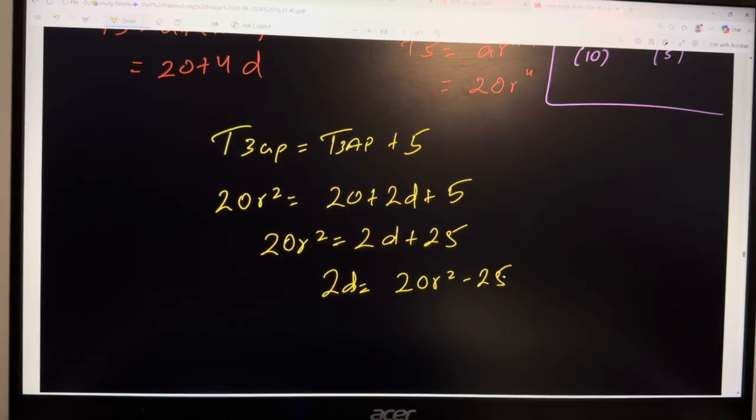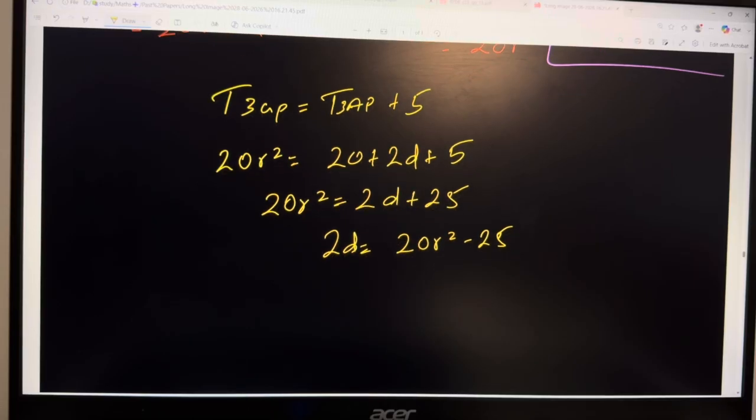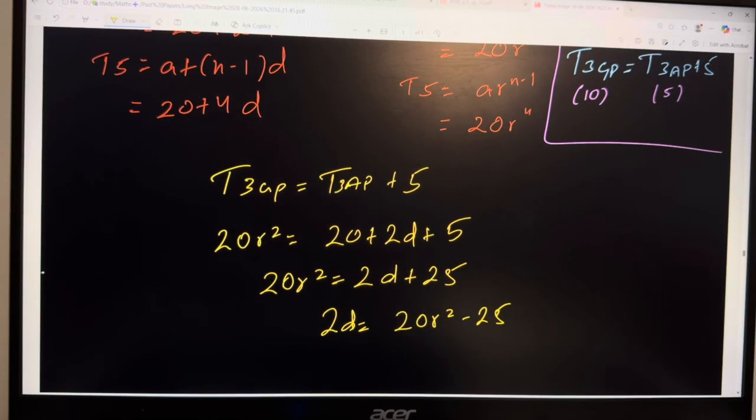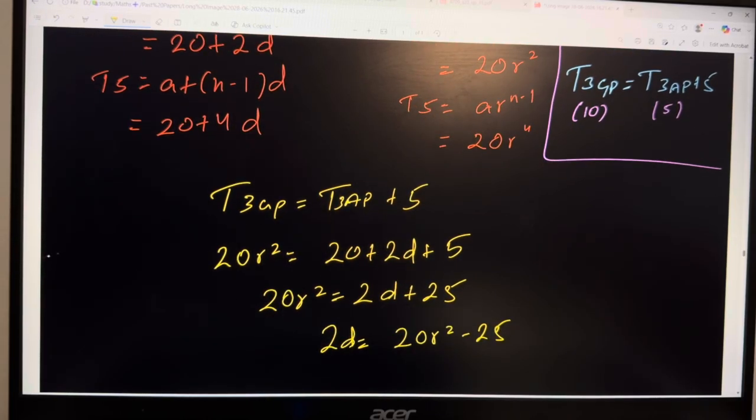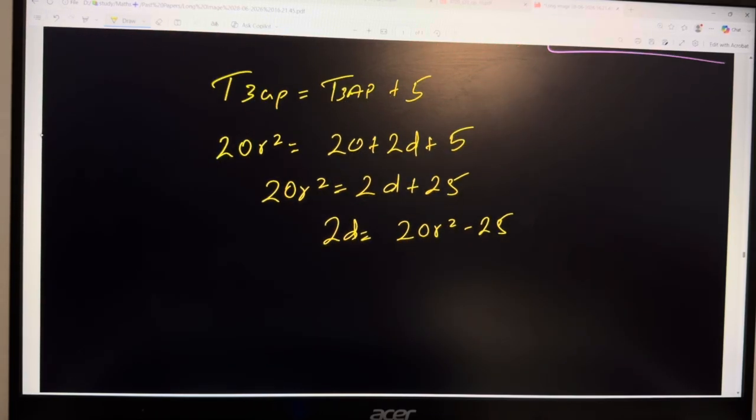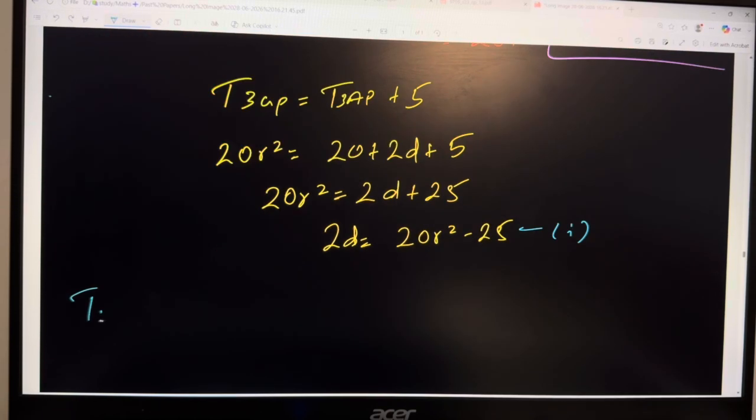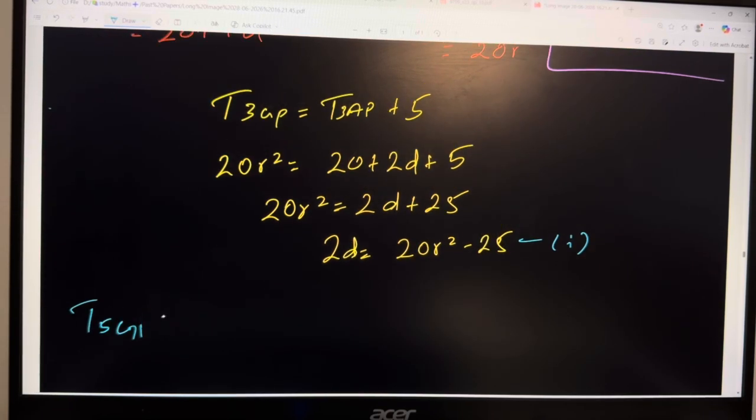We can leave it as 2d because the next part has 4d. So we can just multiply all of this by 2, so we can get 4d. Fifth term of GP is equal to the fifth term of AP plus 30.